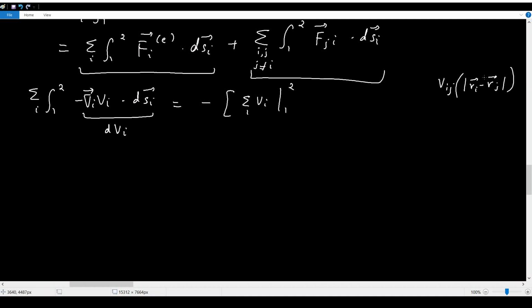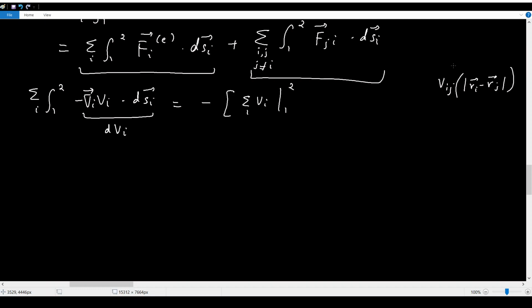And this is by the strong law of action and reaction, since the force is along the line of the vector between the two particles, the potential has to be only a function of this quantity.